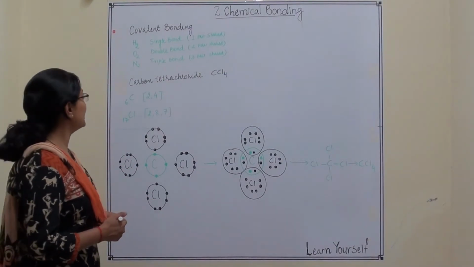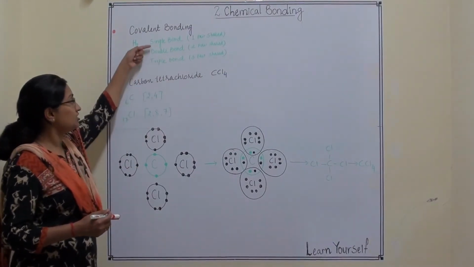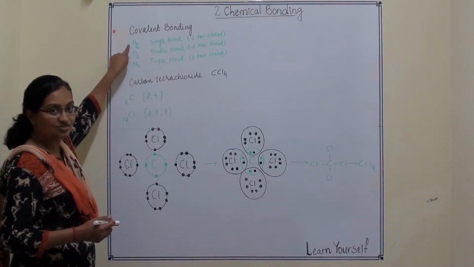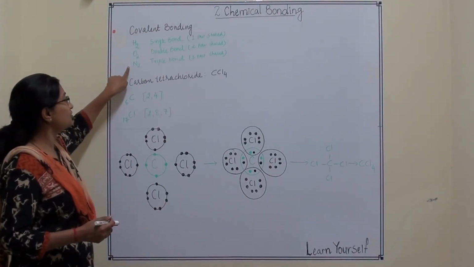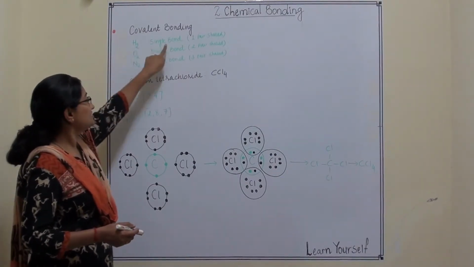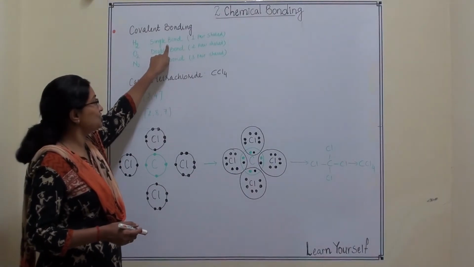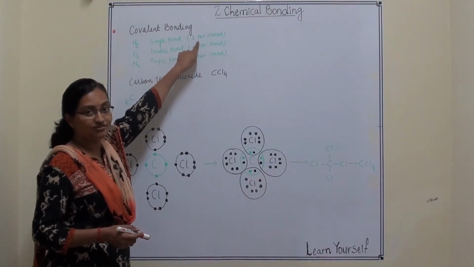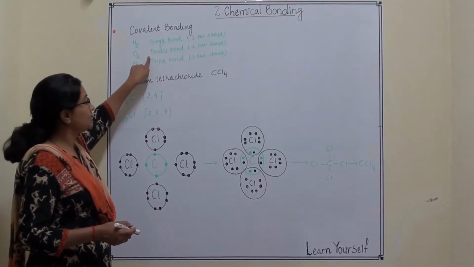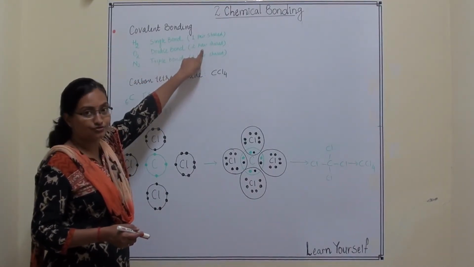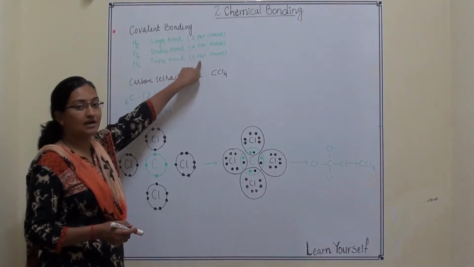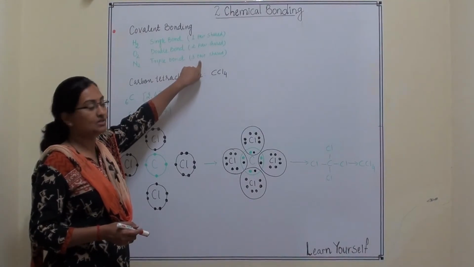In covalent bonding, we have seen single bond, double bond and triple bond with the help of the examples of the H2 molecule, oxygen molecule and nitrogen molecule. We have also seen that in single covalent bond formation, 1 pair of electrons is shared; in a double bond, 2 pairs of shared electrons; and in a triple bond, 3 pairs of shared electrons.